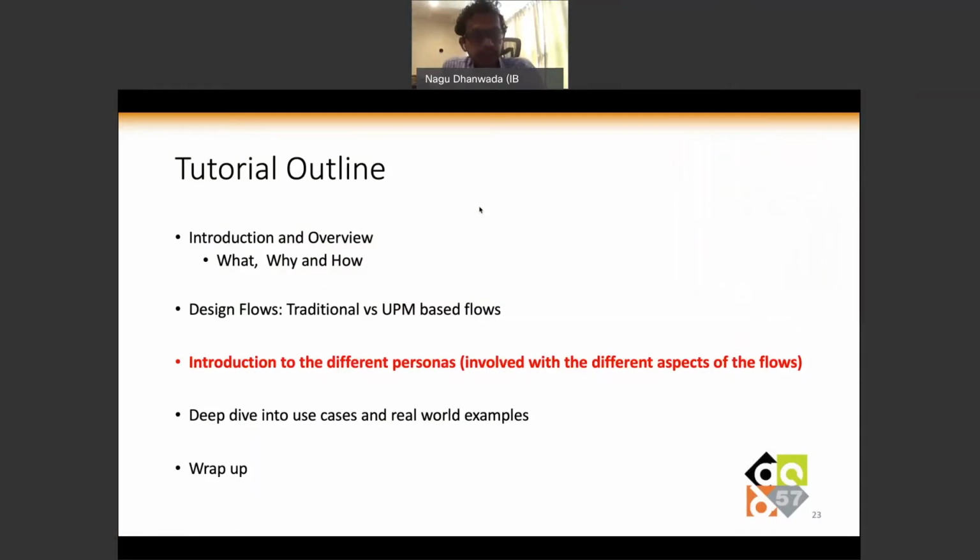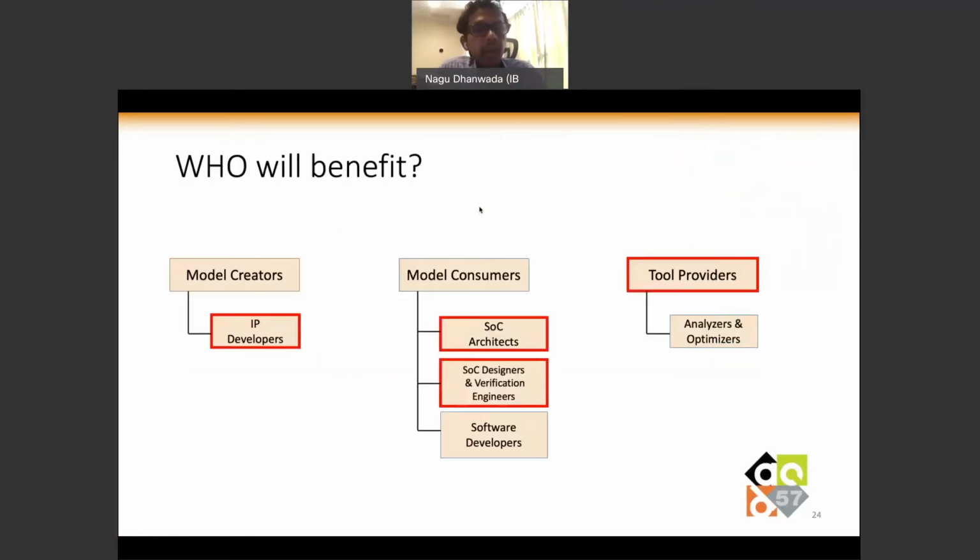So in order to set the stage for the rest of the tutorial, I want to introduce the different personas in a design flow who would benefit from the use of 2416. Right? So there are 2 categories of users you can think of, right? One will be the model creator, an example of which is an IP developer.